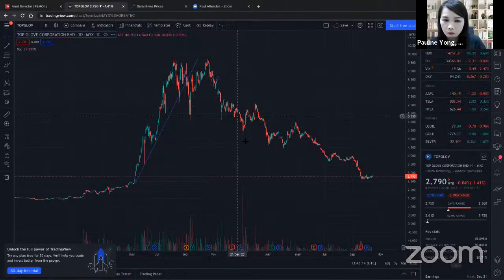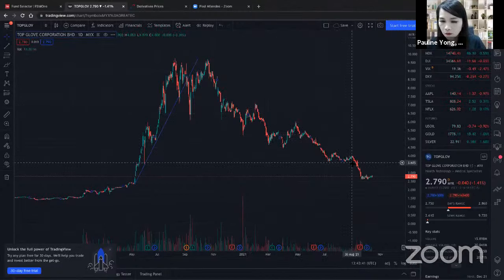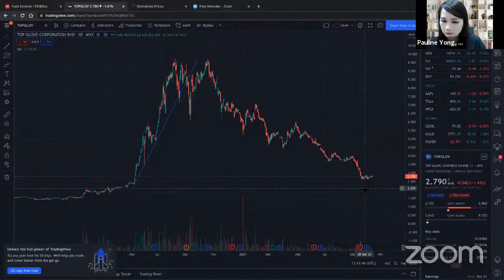So this is wave number 1, and then A, B, C, and then 1, 2, 3, 4, 5, A, B, C. So we are doing an A, B, C here. What I see is that here 1, 2, 3, 4, 5, and then we complete this A, B, C. So I put this as wave number 1, and then I start from here, 1, 2, 3, 4, 5, and then I put a wave number 3 here.